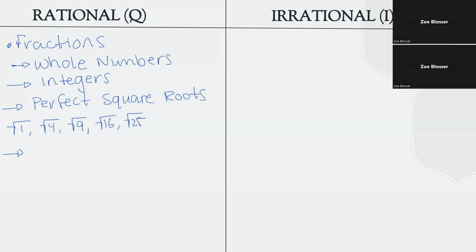All right, then we have decimals, certain decimals. Decimals are rational if there's 2 ways that they can be rational. The first way is if they end, so terminating.